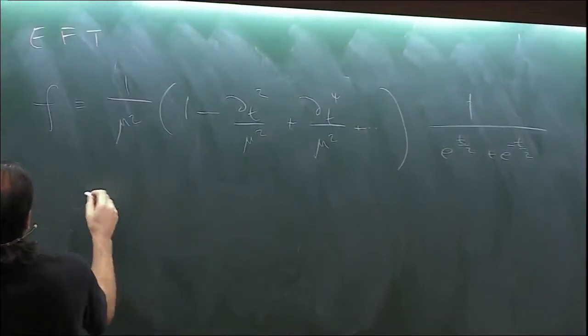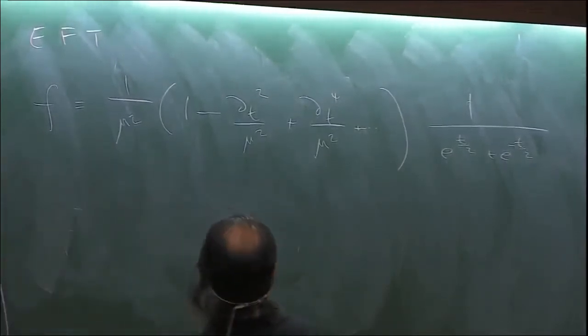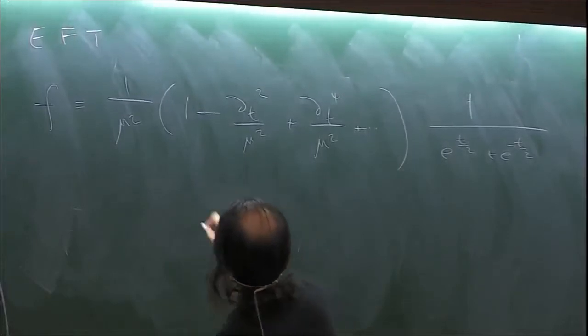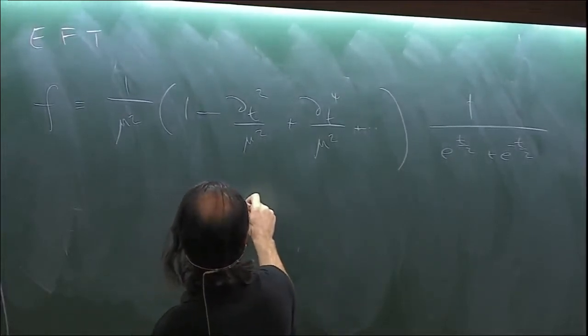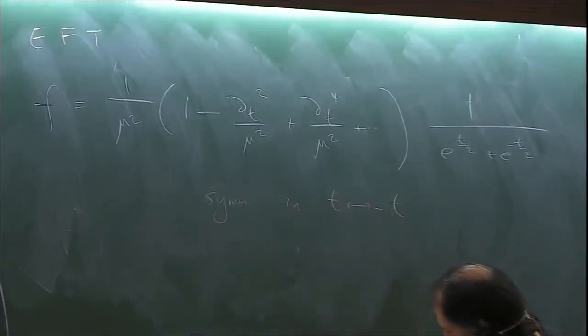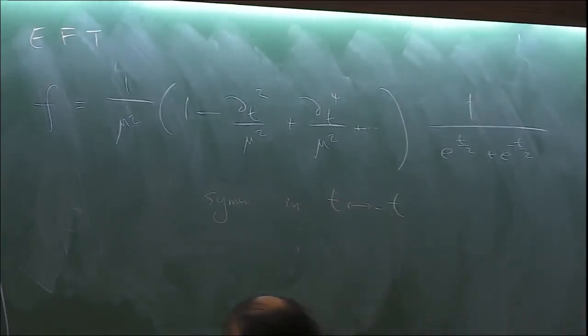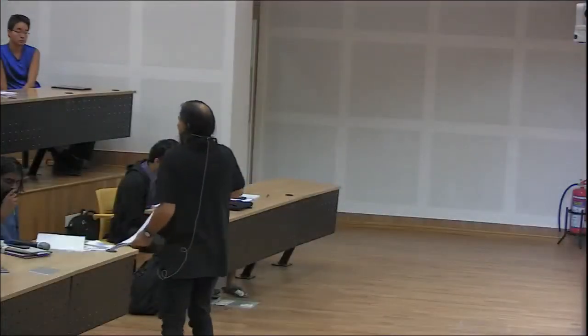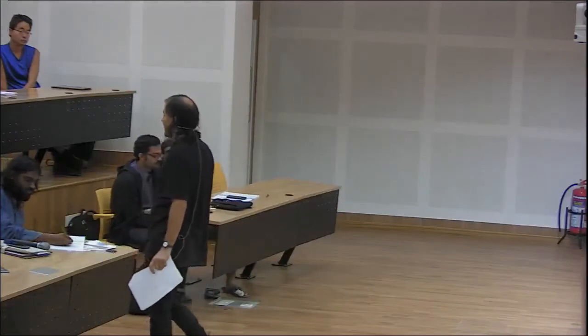It's nicely behaved as t goes to plus or minus infinity. It's obviously symmetric under t goes to minus t. Okay. So let's just solve this differential equation in a power series in x as x goes to 0, so as time goes to minus infinity.